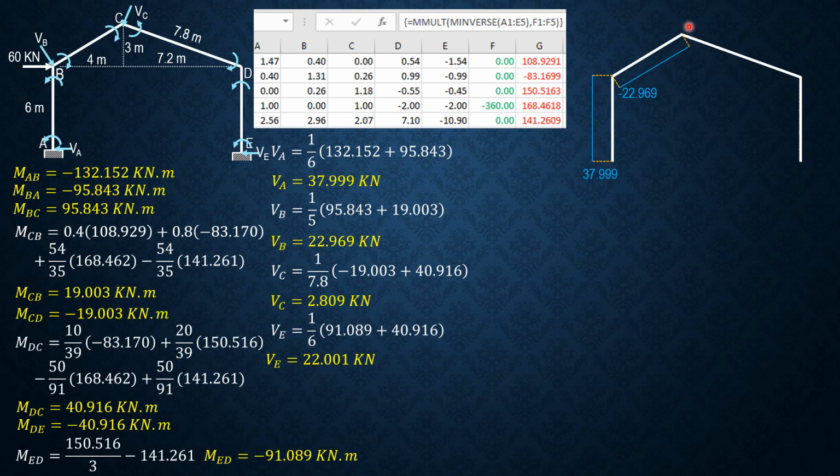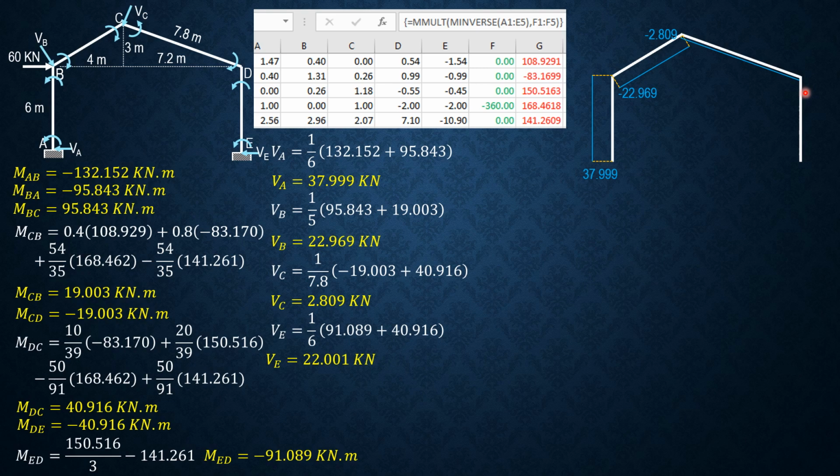Then constant, then it should close. V sub C is also negative 2.809. Then straight, that's also 2.809, closes.